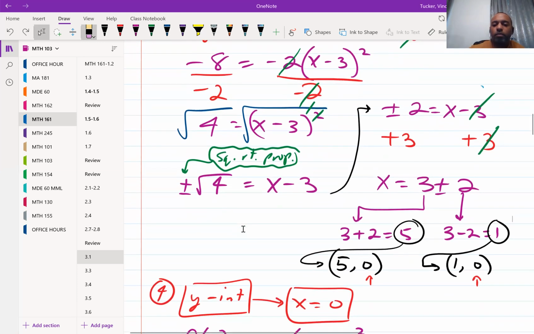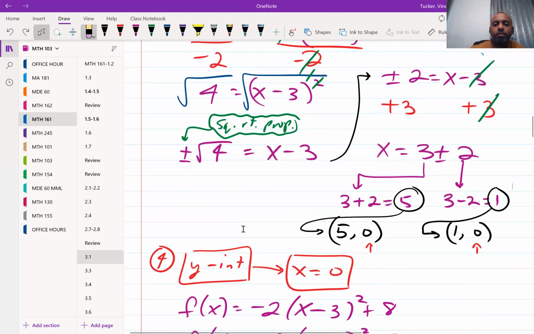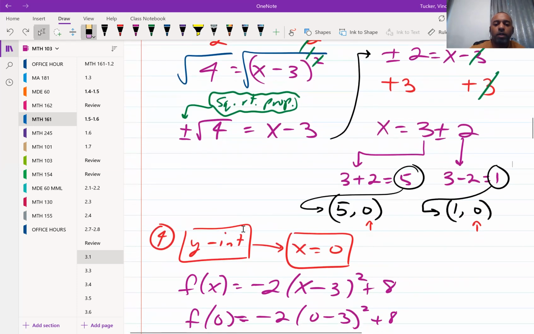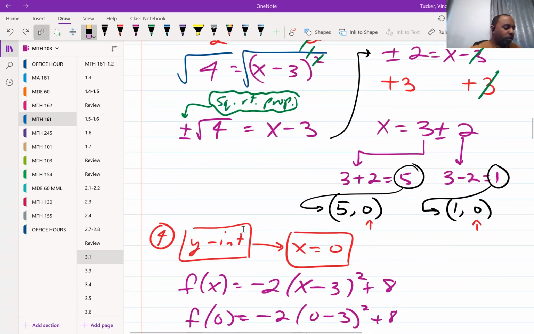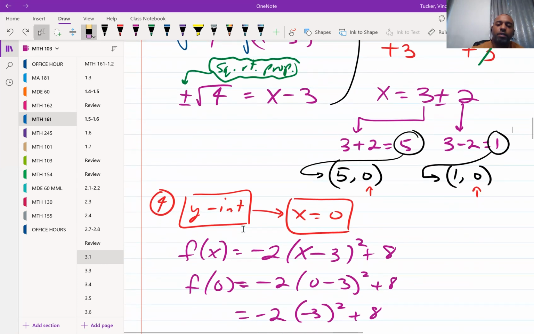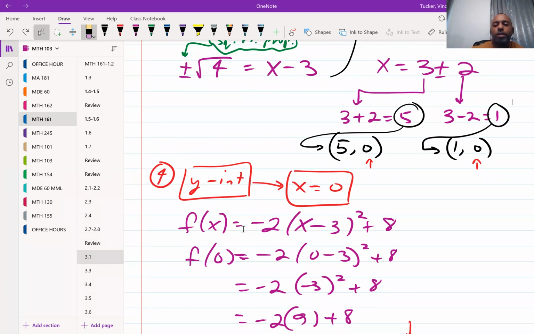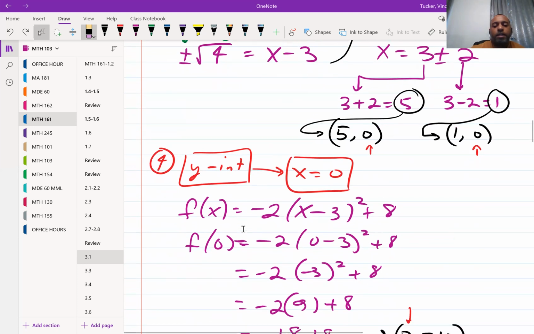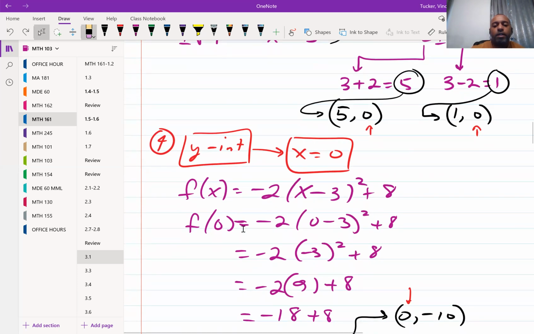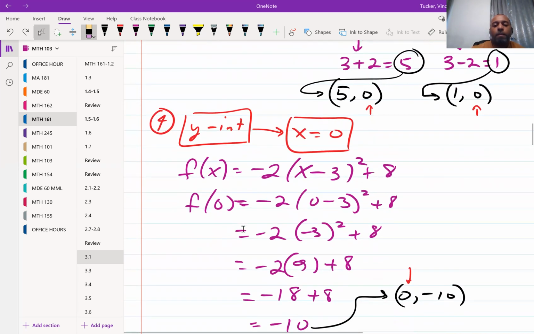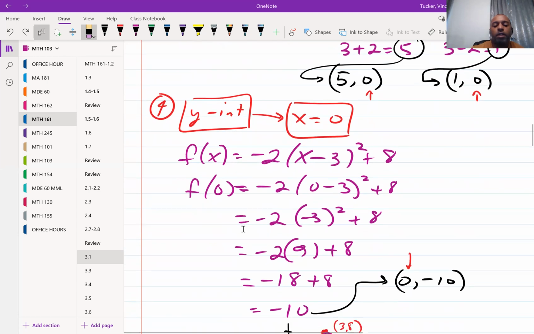All right. Next step, find your y-intercept. If it's your y-intercept, you let x be equal to 0. So you plug in 0 for x. 0 minus 3 is negative 3. Negative 3 squared is 9. Negative 2 times 9 is negative 18. Negative 18 plus 8 is negative 10.